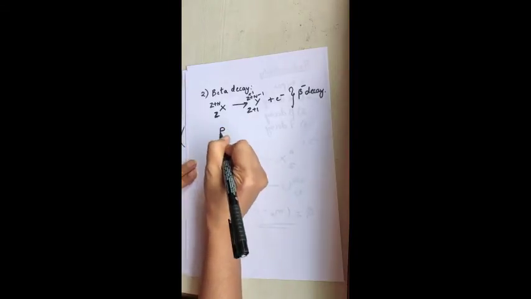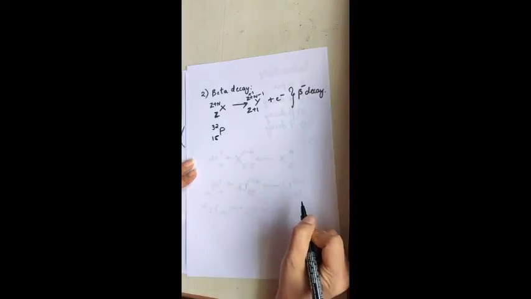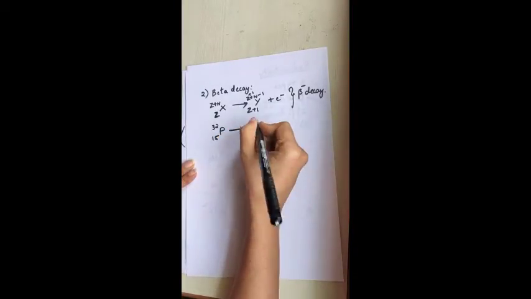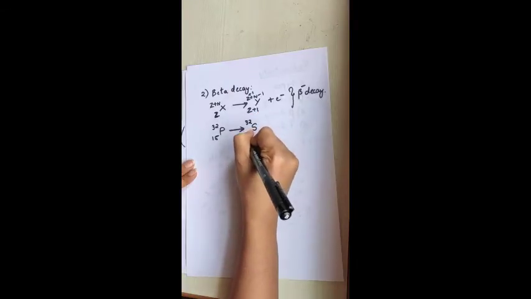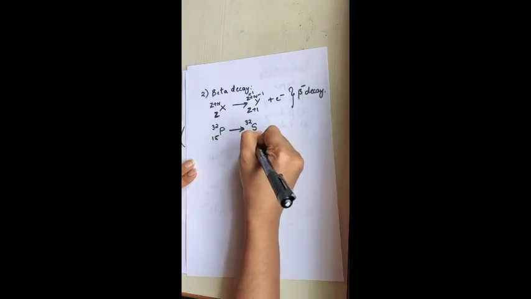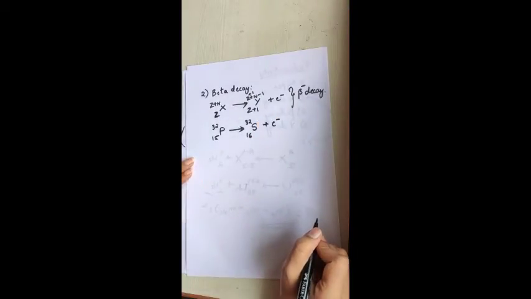The best example is phosphorus. Phosphorus has mass number 32 and proton number 15. When it undergoes beta decay, it gets converted into sulfur 32, with proton number 15 plus 1, that is 16, and an electron is liberated.